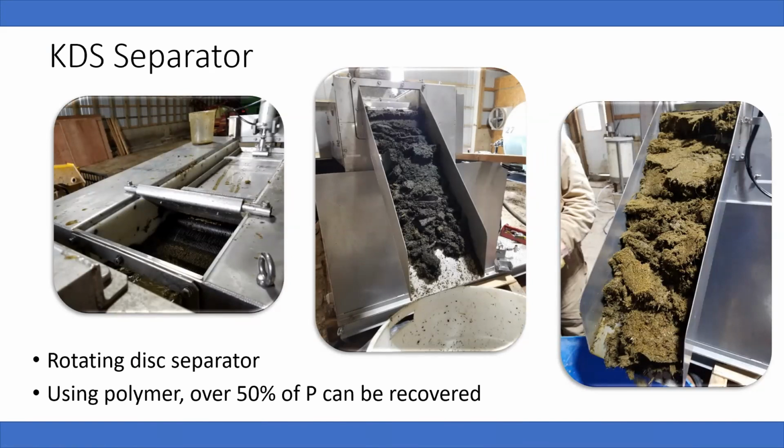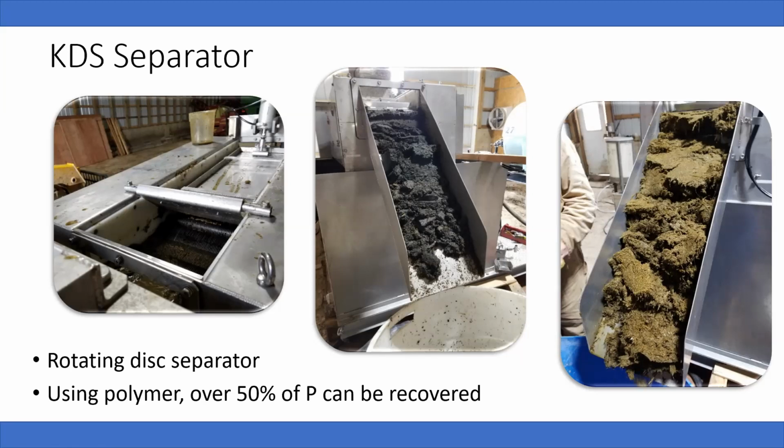Same with dairy, you're getting out a lot of those large fibers. So for that, we've used a KDS separator, which is a multi-disc lobe machine that's just a simple separation machine. It doesn't require polymer to get out those large solids, but you can use polymer if you want to.